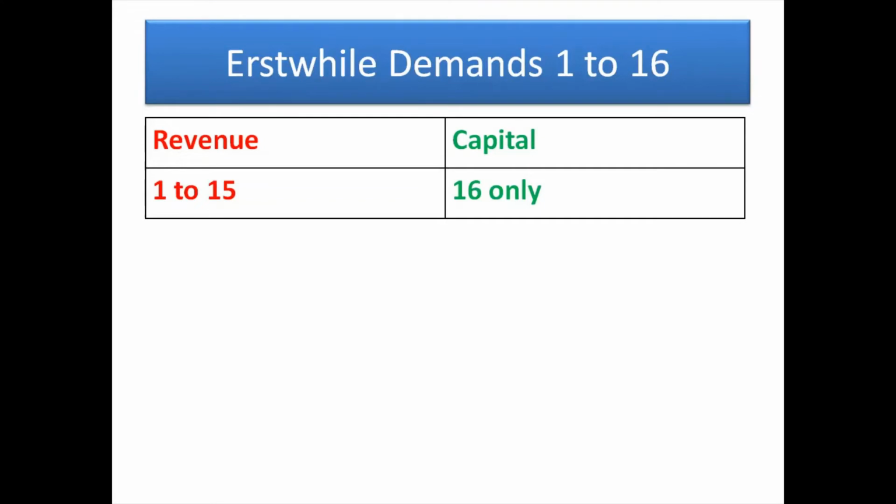For capital: purchase of locos, coaches, wagons, construction of new lines, doubling, gauge conversion, traffic facilities, railway electrification. All these expenditures are called capital expenditure, that is one-time expenditure for railways.